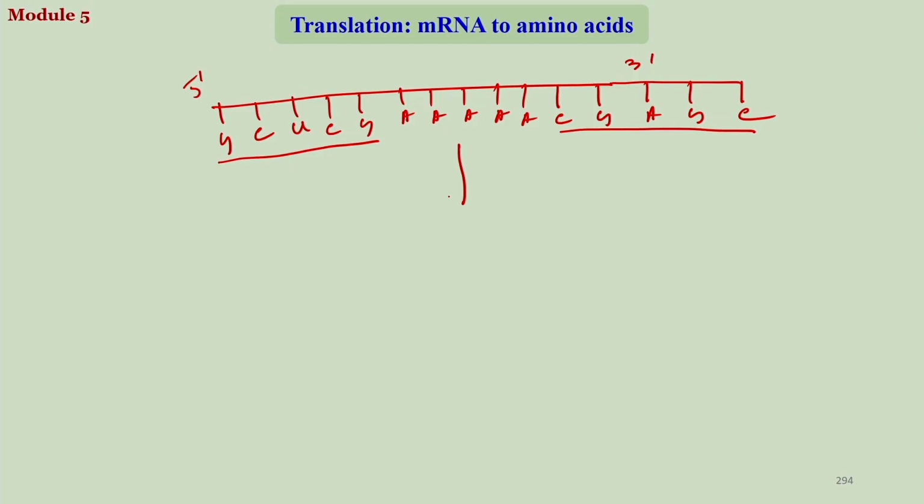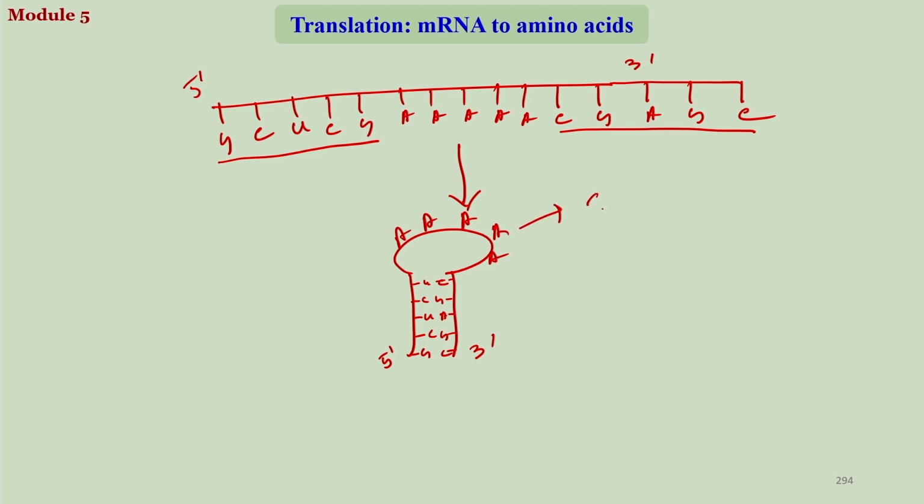So, the molecule actually immediately restructures itself to assume this kind of conformation with G, C, C, G, U, A, C, G, and G, C, 5 prime, 3 prime. It's the same single molecule, just has bent itself, and in this loop there are all the A.